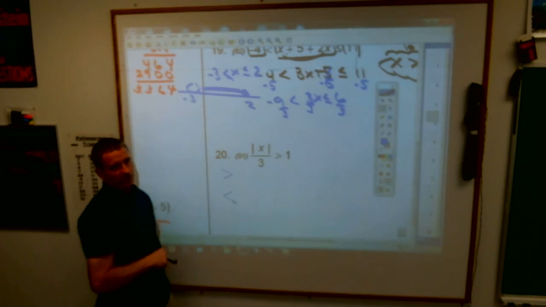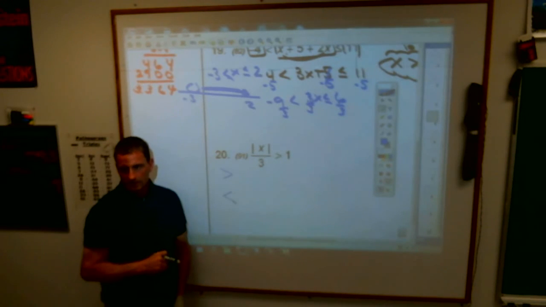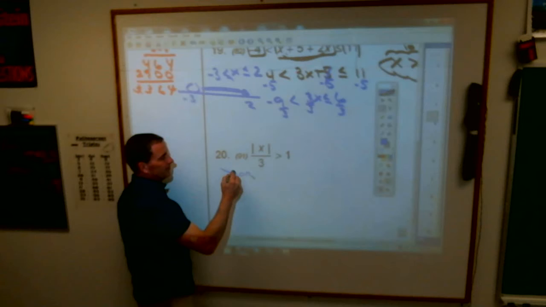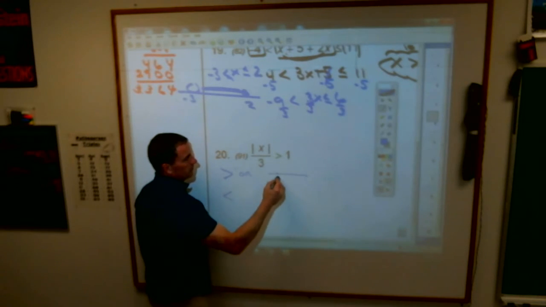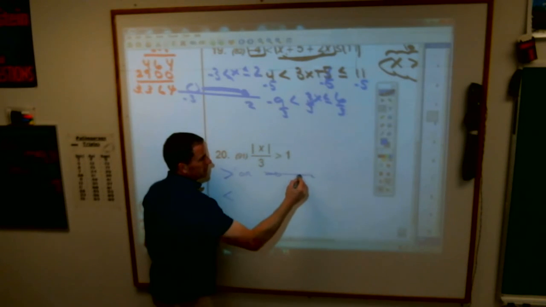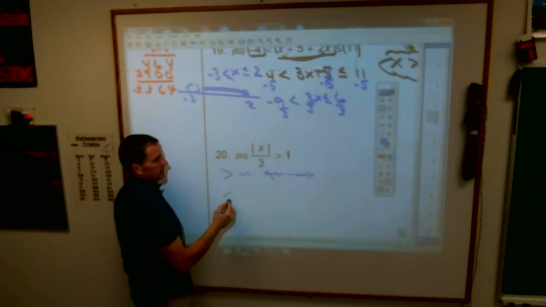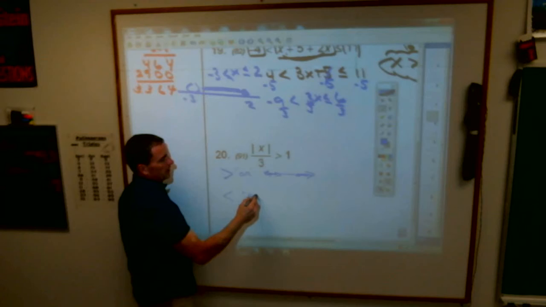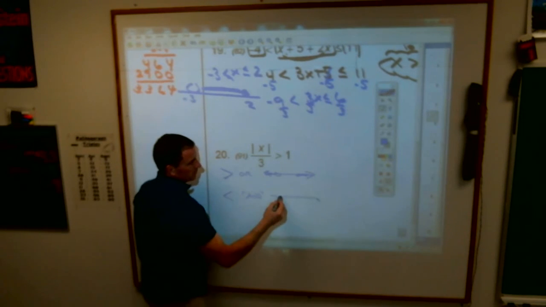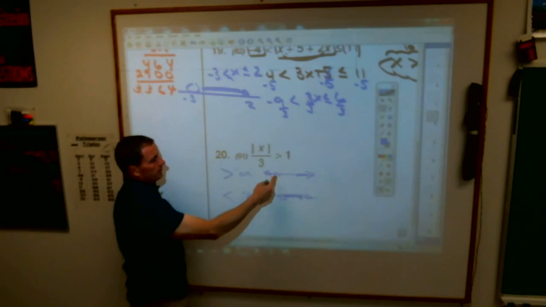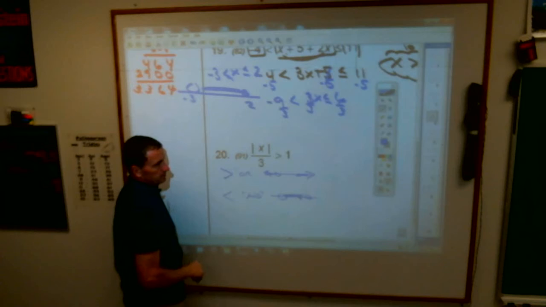If you see a greater than sign, it's going to be an or problem, and your arrows are going to shoot off in opposite directions. If it is a less than sign, it is an and problem, which means your thing's going to come together and converge in the middle. So when you see this right away, you know that they can't both be going the same way.